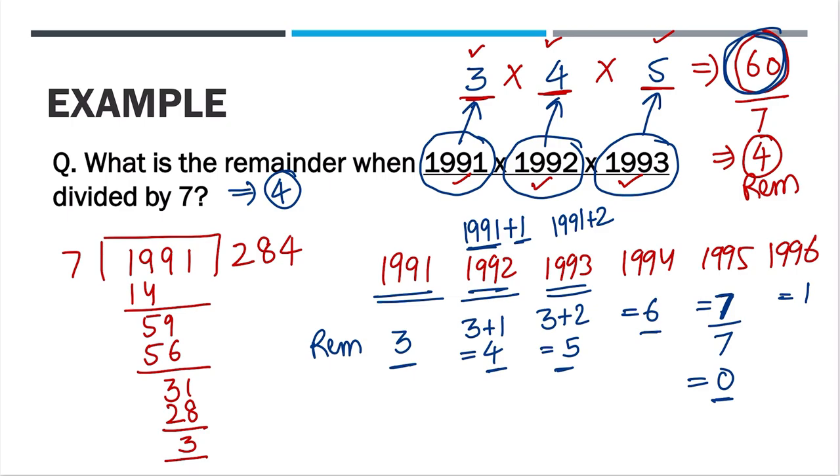You can add the divisor to it or subtract the divisor from it. All the cases are going to be the same. So in the case of 7, 0, 7, 14, 21, all are the same remainders.